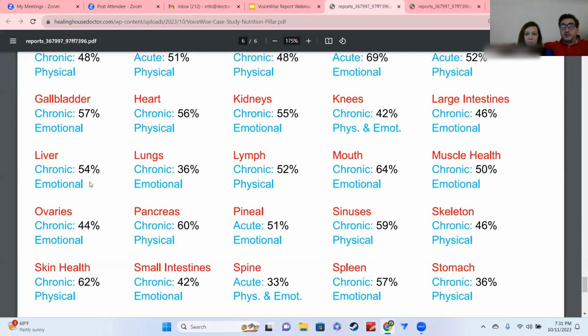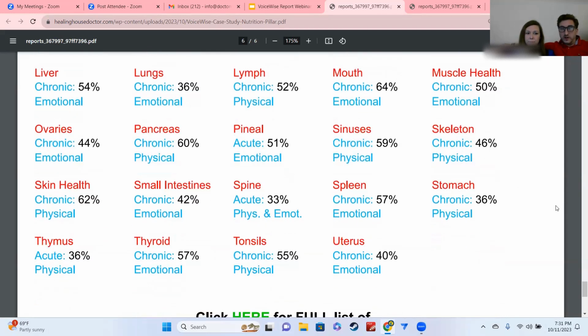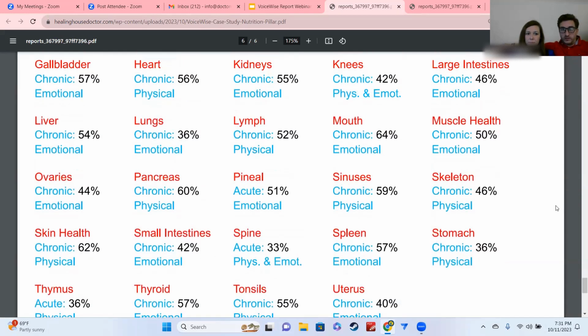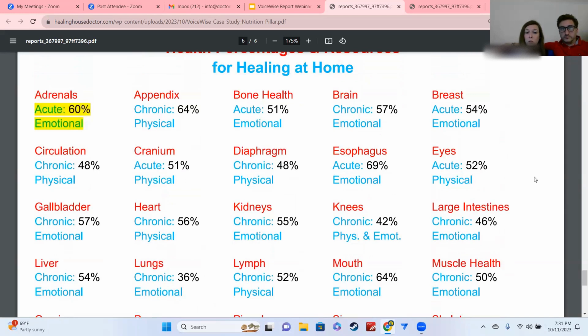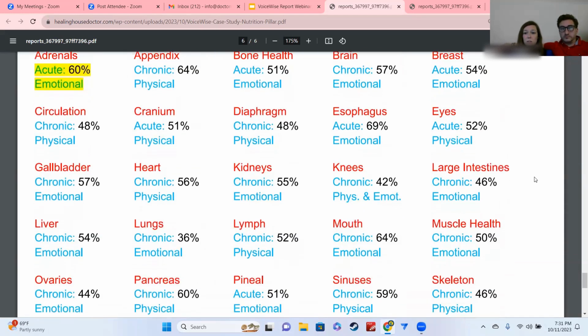Then when you get to the moderate level of really needing to focus on that organ, it's going to say significant. And if it says strong, that means that's really severe, it really needs attention to that aspect of physical or emotional within that organ. And this individual did not have any significant or strong, which is great. It means a lot of her stuff is pretty equally balanced.